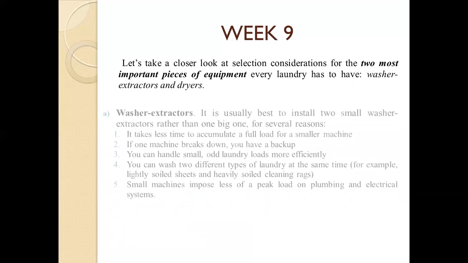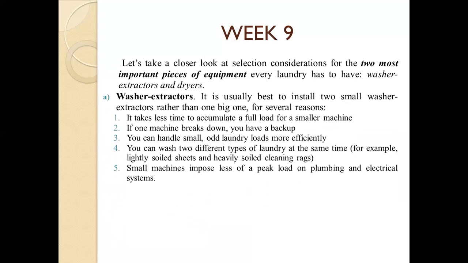For washer extractors, it is usually best to install two small washer extractors rather than one big one. There are several reasons. It takes less time to accumulate a full load for a smaller machine. Also, if one machine breaks down, you have a backup. You can handle small odd laundry loads more efficiently.